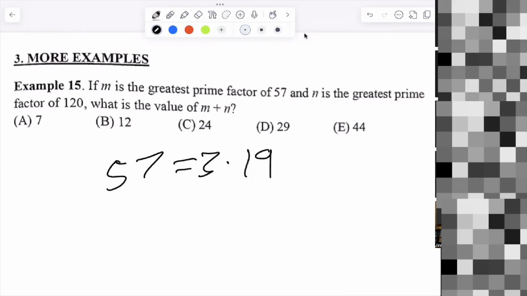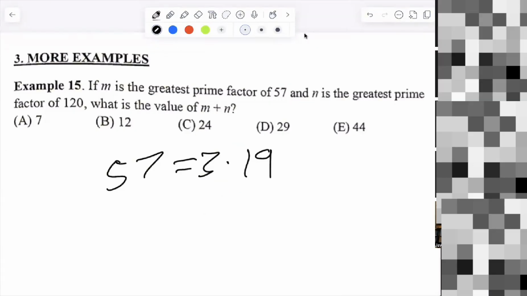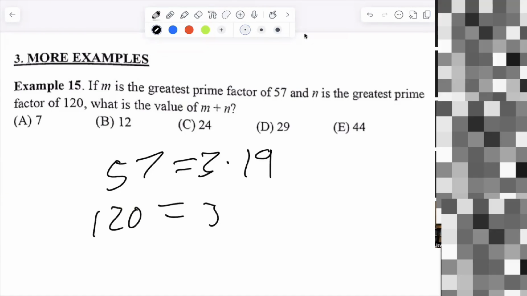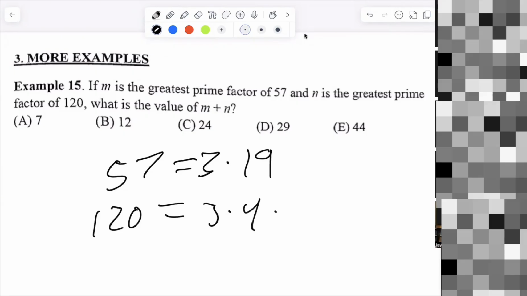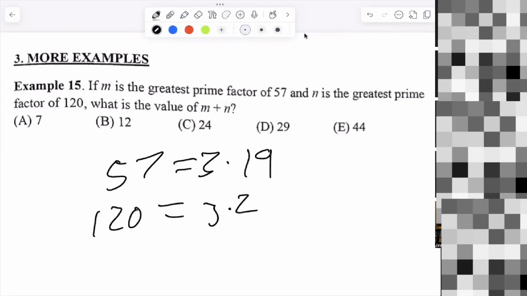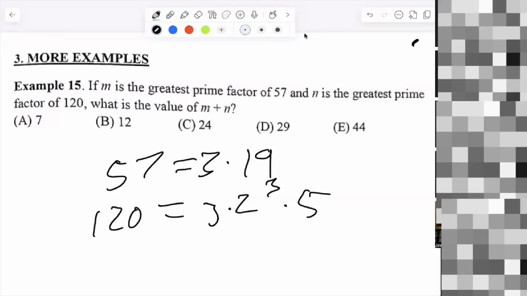So 57 is 3 times 19, and 120 is just 3 times 4 times 10. Or we can easily simplify to 3 times 2 cubed times 5, or 3 times 8 times 5.